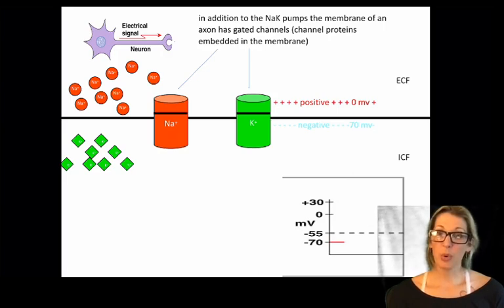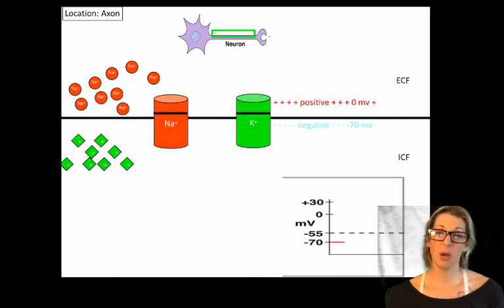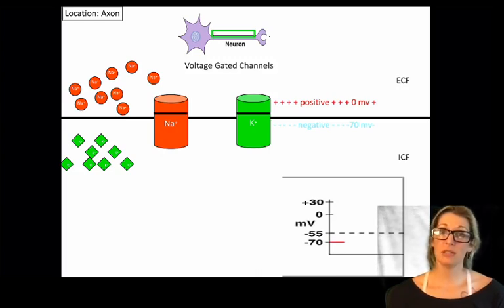A couple of important points about what's going on depending on where we are on the neuron. If we are on the axon of the neuron, these sodium and potassium channels embedded in the membrane are voltage gated. We'll talk more about what that means in a moment, and I'll show you.